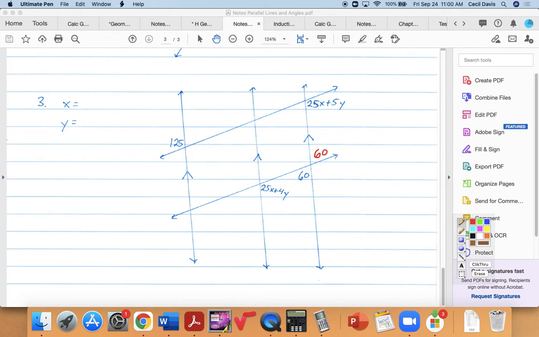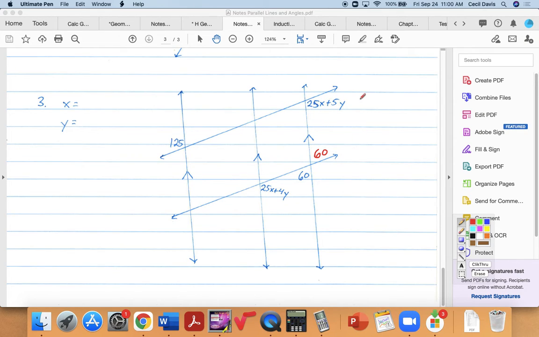Okay. Now, what type of angles are the 25x plus 5y and the 60? Same side interiors. Are they supplementary? No. And here's the deal.